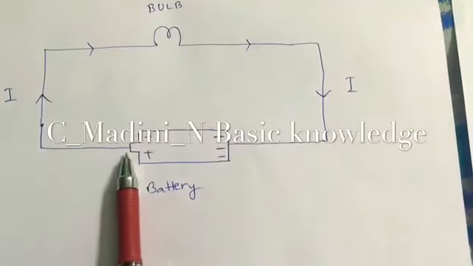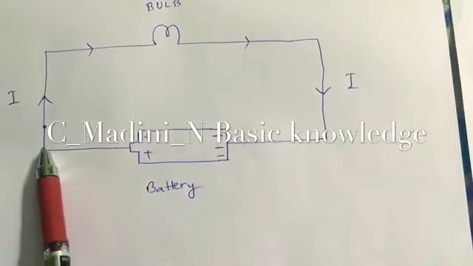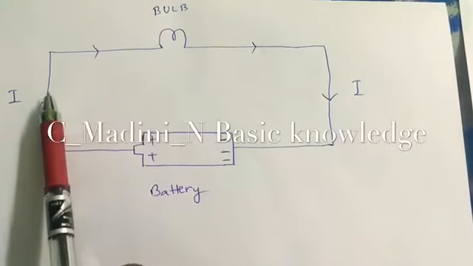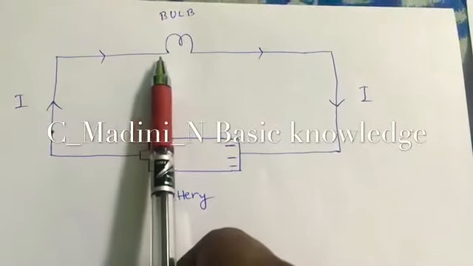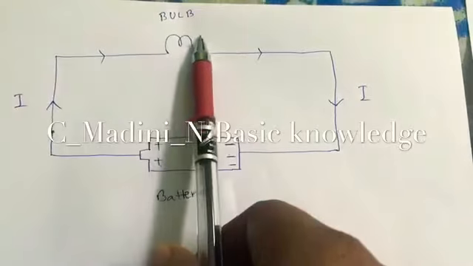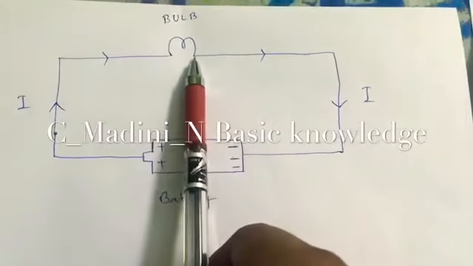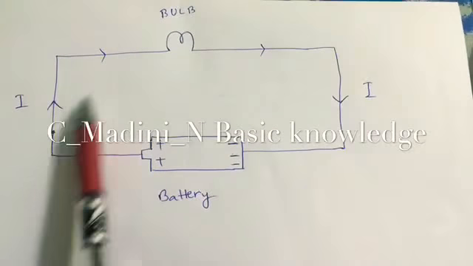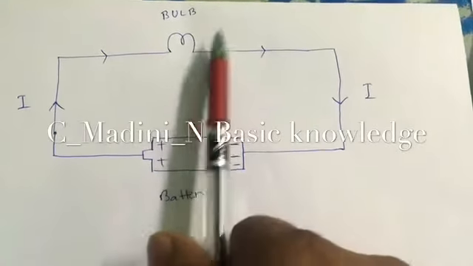Now when the positive charge moves through this wire along with the current, what will happen? The bulb here will glow. Thereafter, the bulb will release some heat energy.